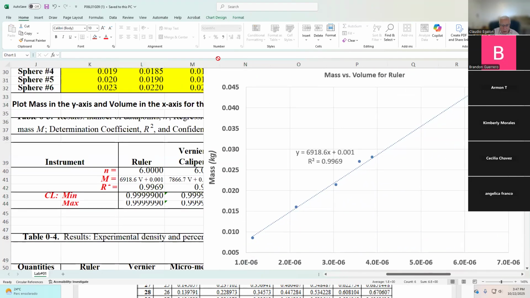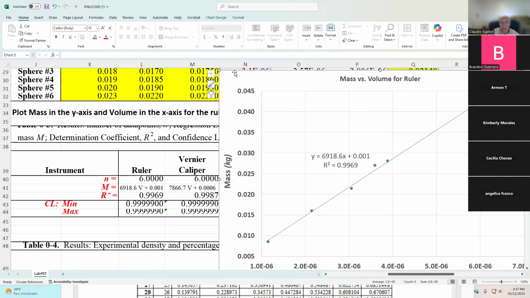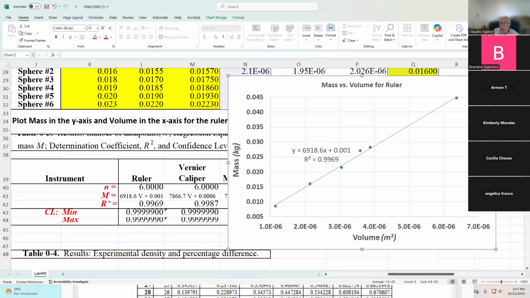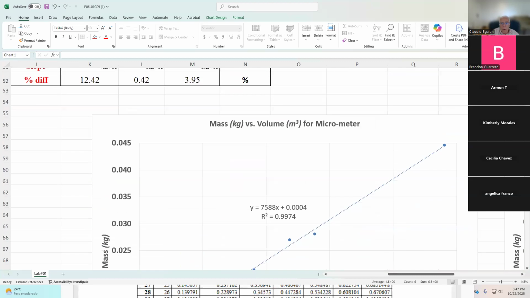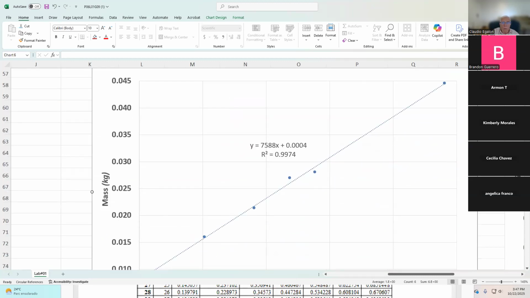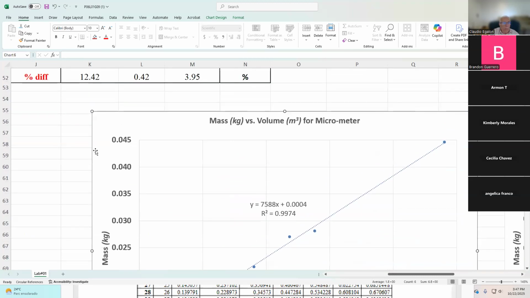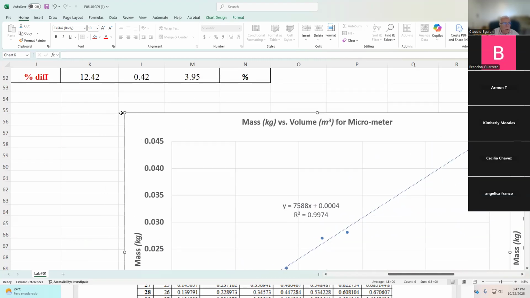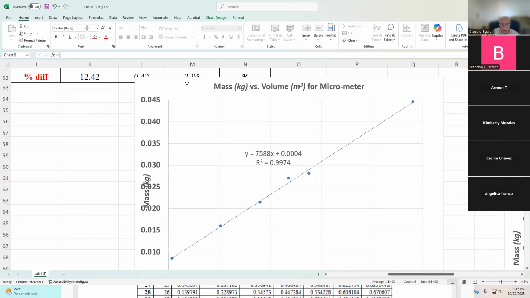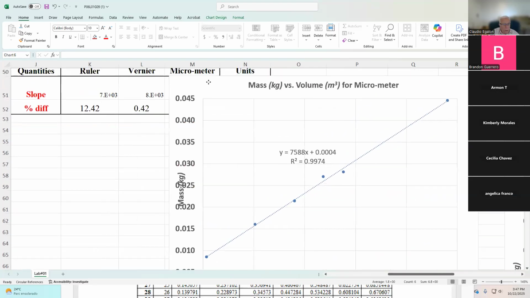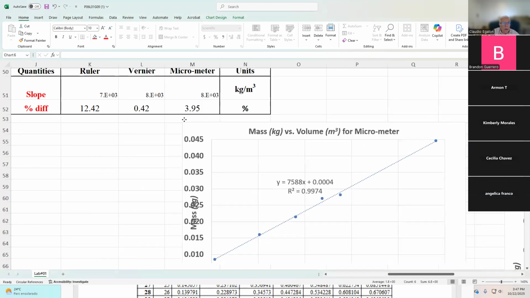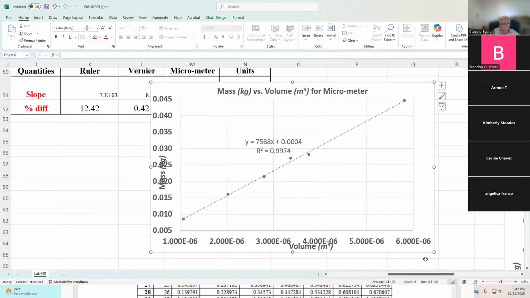And that's the graph. Okay, you put the mass and the volume. That's good. Mass and volume. Shrink, shrink, shrink. Here you go. Yeah, shrink.